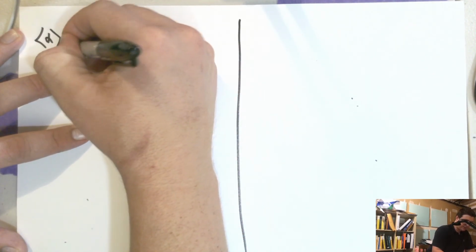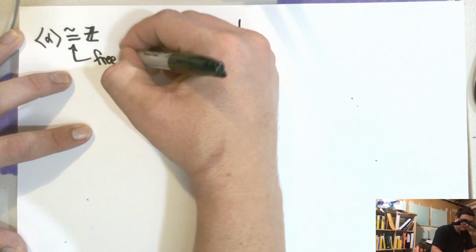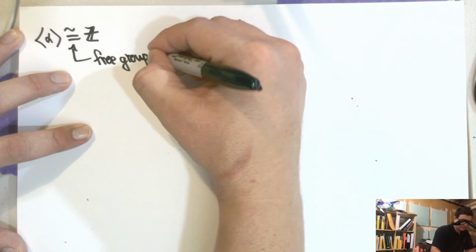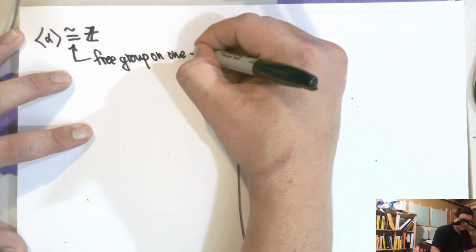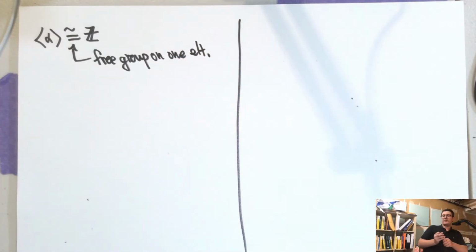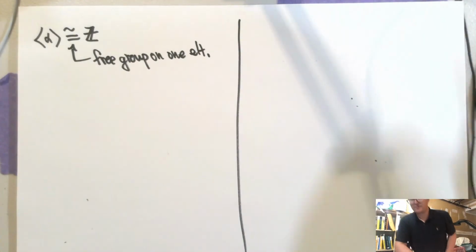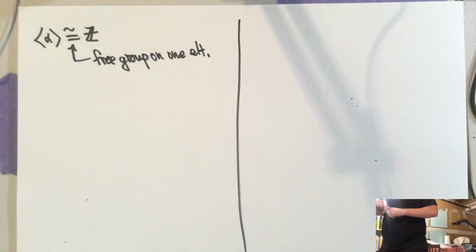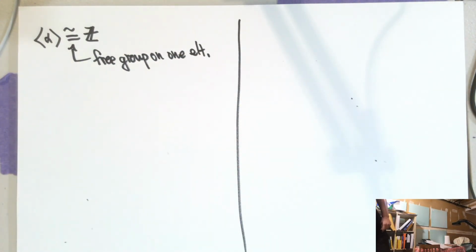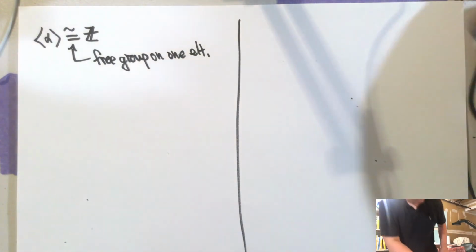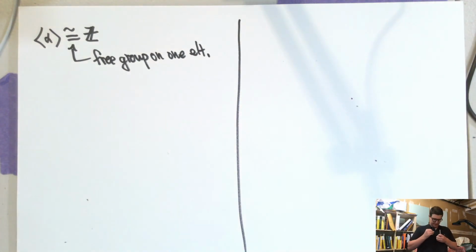So this is the free group on one element.